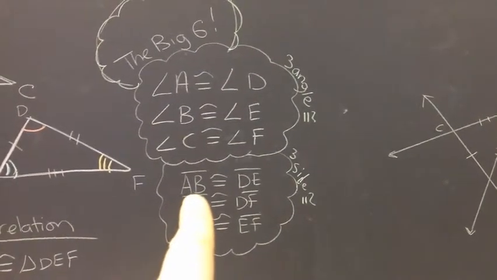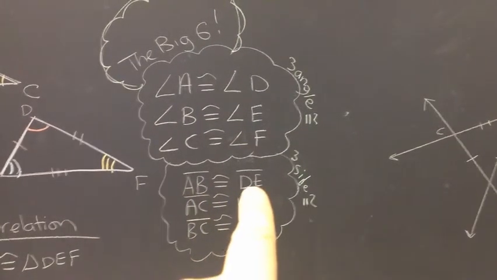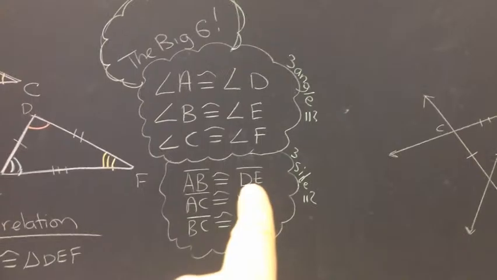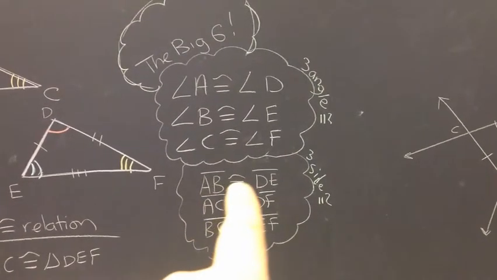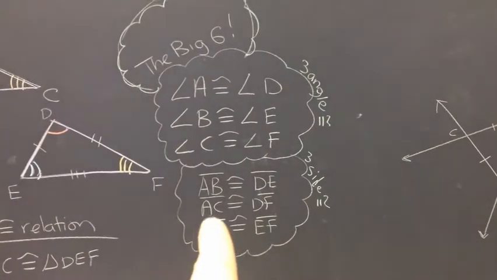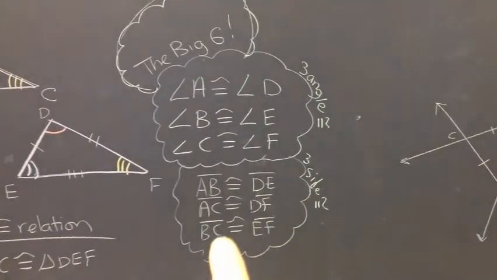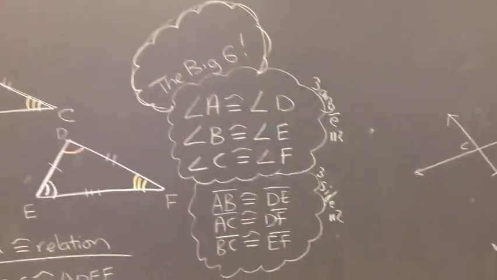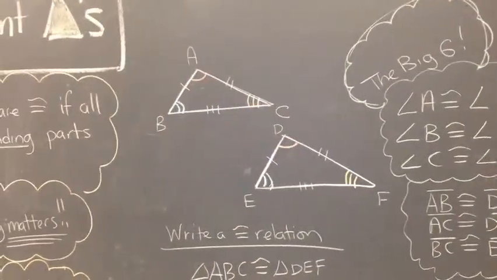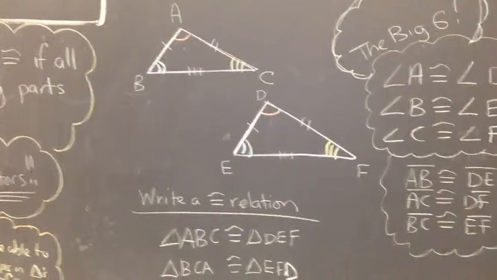So segment AB is congruent to segment DE. Again, letter ordering matters, so you could not say that AB is congruent to ED. AC is congruent to DF, BC is congruent to EF. Once you have those big 6, you can finally say that the two triangles are congruent.